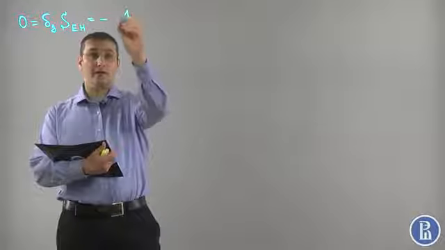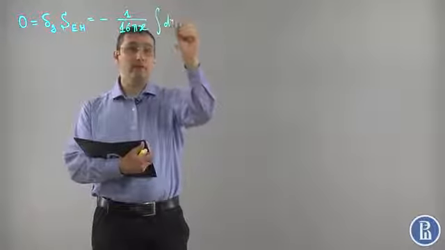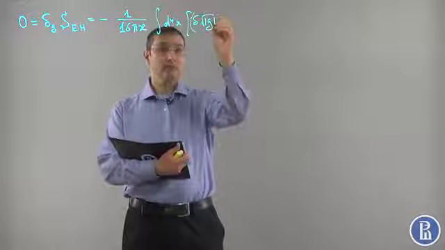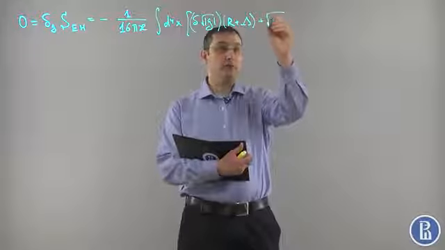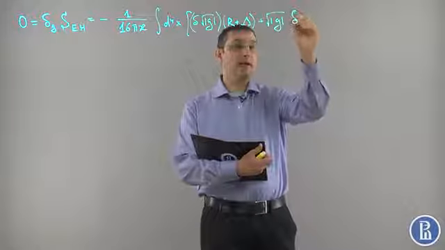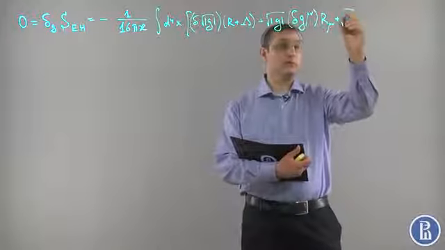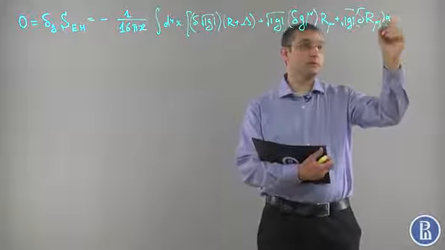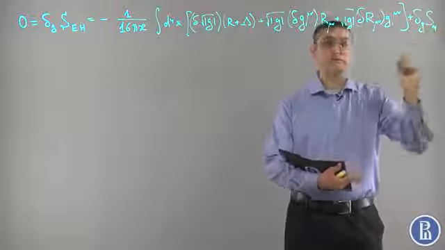So the first variation of the Einstein-Hilbert action is, as we have been observing already, 1/(16πκ) integral over d^4x of the variation of the square root of g times (R plus Λ), plus square root of modulus of g, δg^μν times R_μν, plus square root of modulus of g times δR_μν times g^μν, plus variation of matter action.